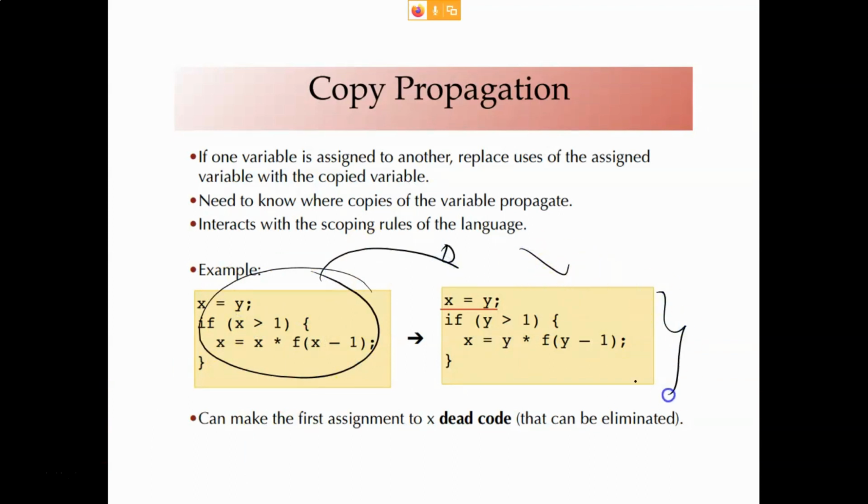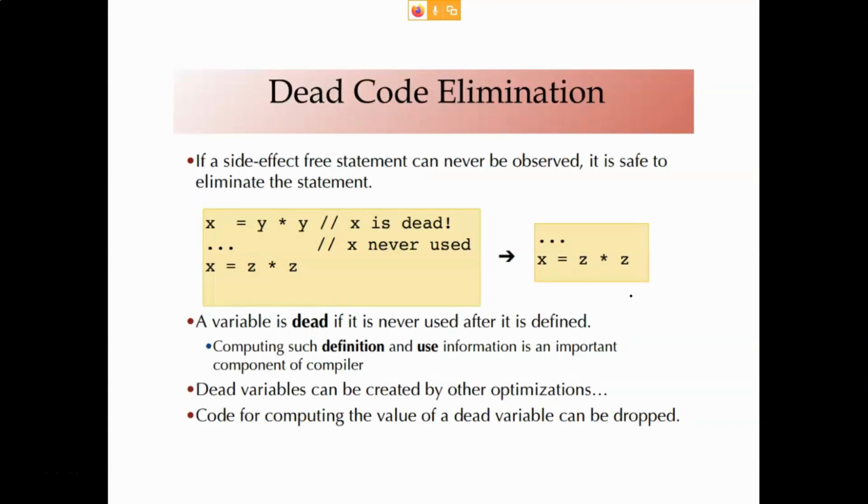In this program, you can see this statement is dead. Here this x is dead, because we are not using this x anywhere. We are defining this x, but not using it, so now this is dead. That's why after copy propagation, you can apply dead code elimination to eliminate the dead code.